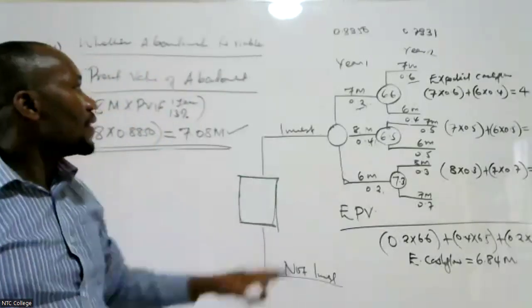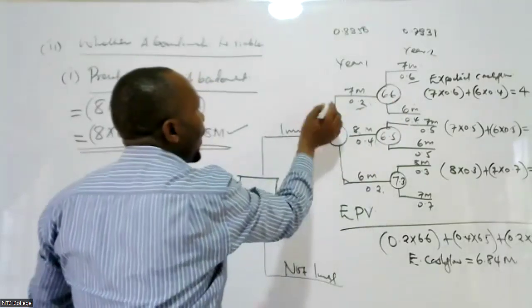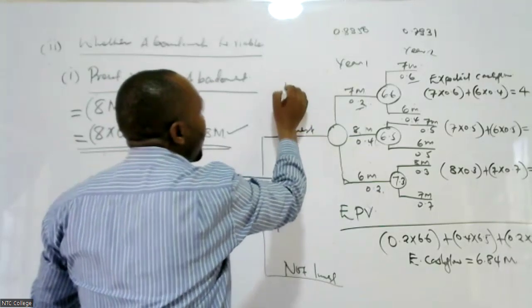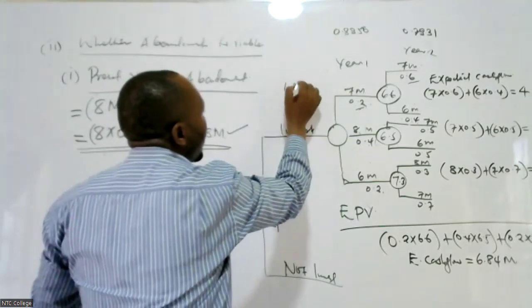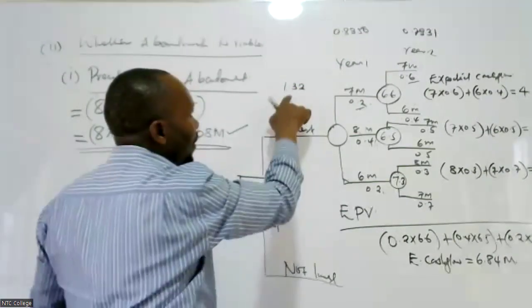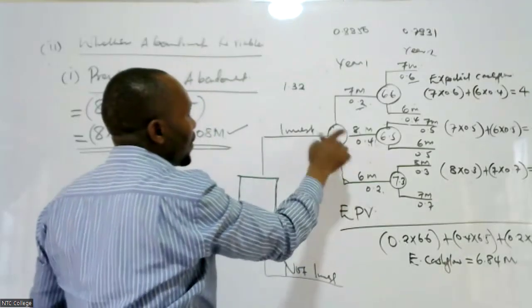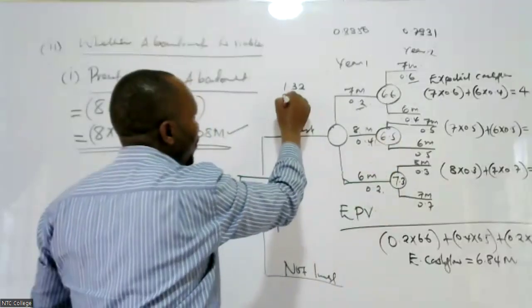Just get me the figures. When I calculate with this, I see it gives you 1.32. Clear? 1.32, yeah. This one is giving you 0.